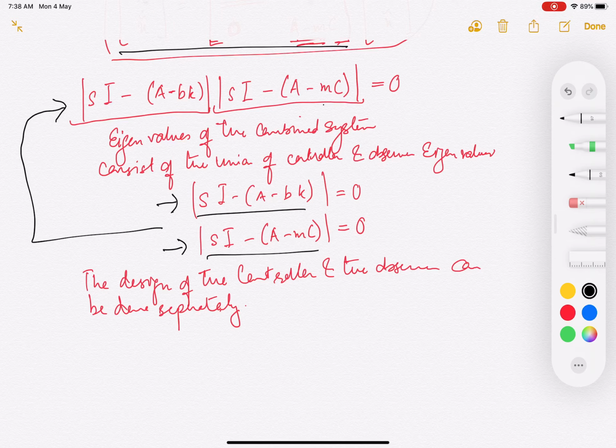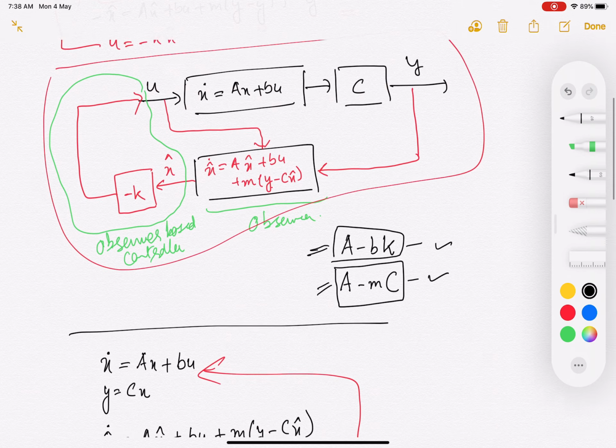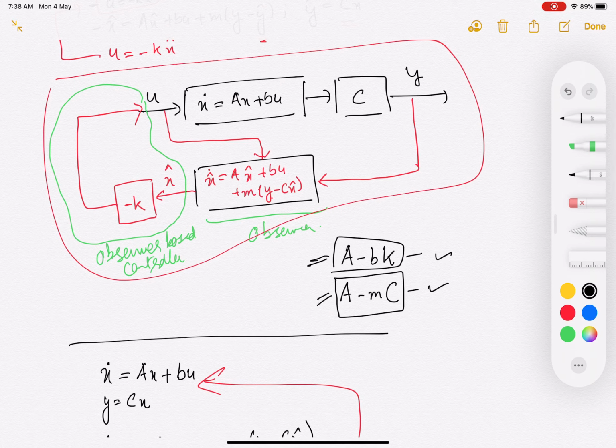Now, this observer-based controller, what is the equation for it? Now you see, what does it respond to? It responds to the input y and the output is u.